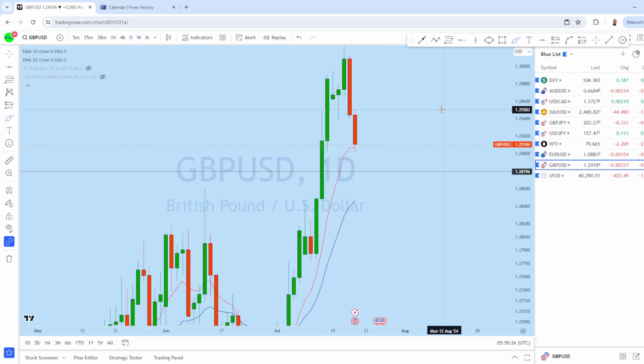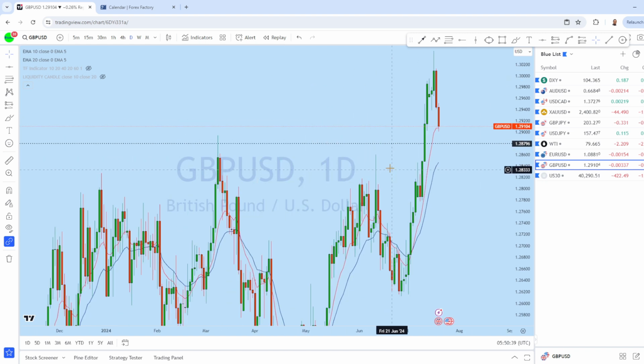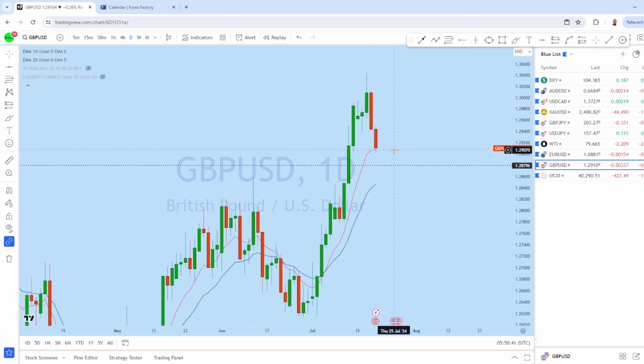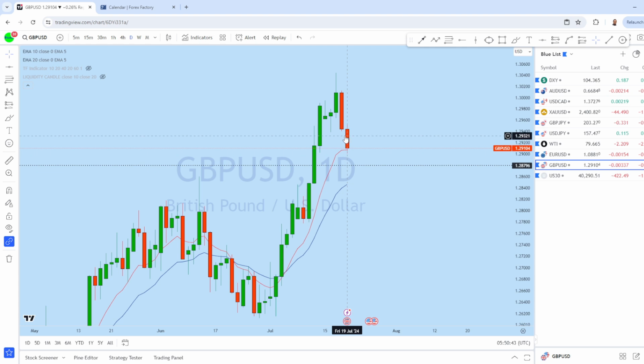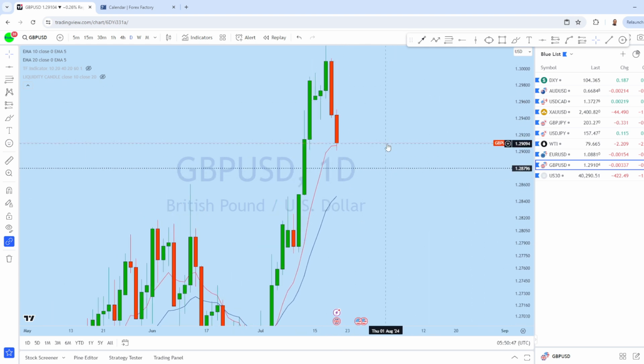Now looking at the daily chart on British pound US dollar, from the daily time frame there is a daily bearish engulfer followed by another bearish candle. As you can see, this is a very important level where we expect GBPUSD to drop down to this liquidity zone and then bounce back up.